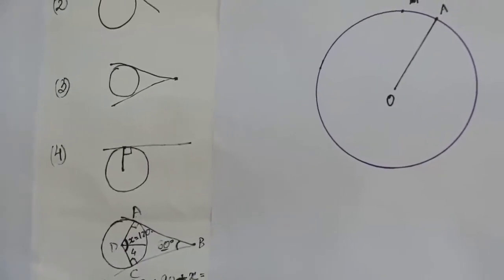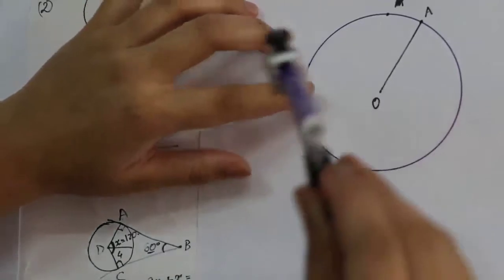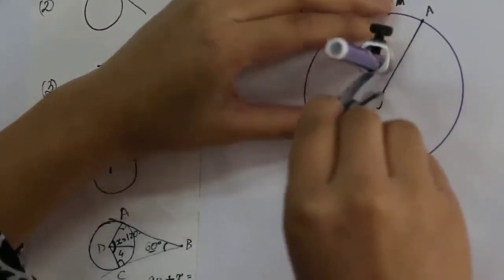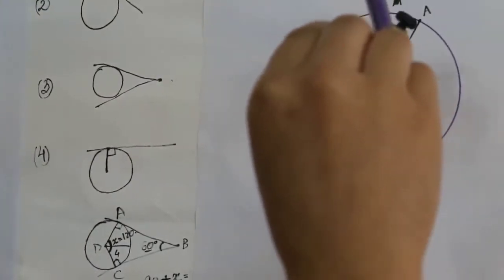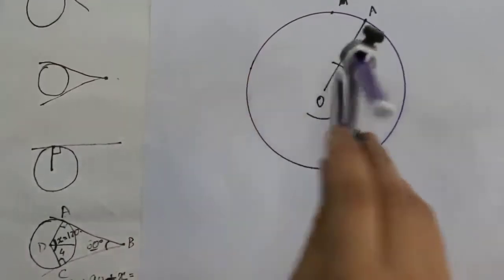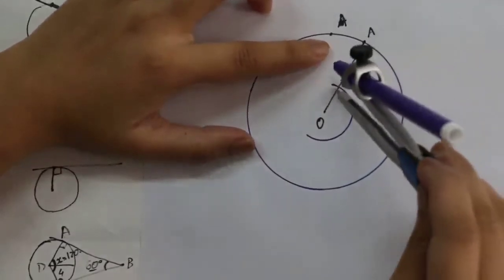From A, from this point O, we need to draw 120 degree. So take an arc. You see this point of intersection of this arc with OA, you take the compass there.